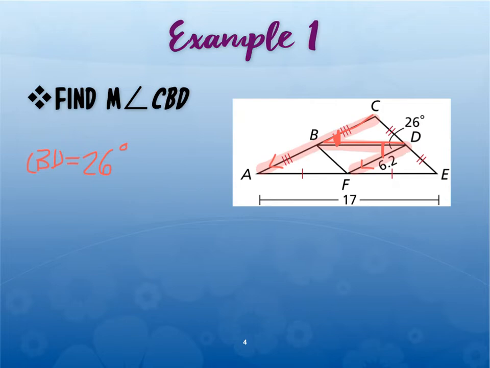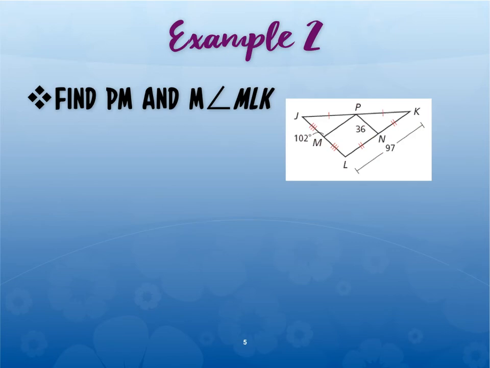Let's take a look at example 2. So first it's asking us to find PM. PM is this midsegment right here. What other segment in this triangle can we use to help us find the length of PM?